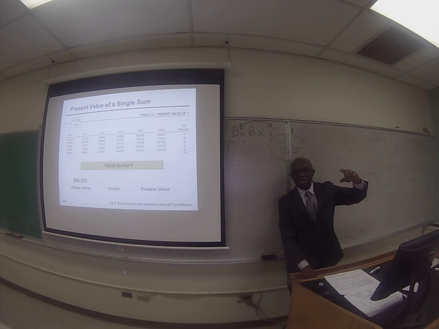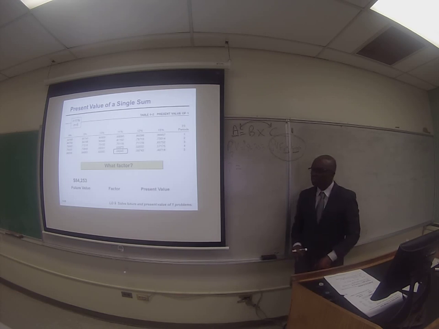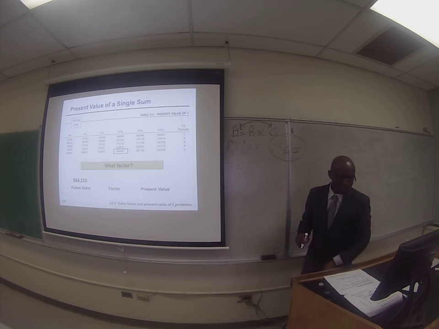Interest is going to be compounded annually, so we have 5 compounding periods. So here is 5 years. We trace it here, and we have 0.59345. So that is the factor.